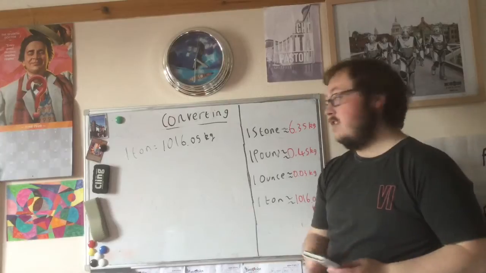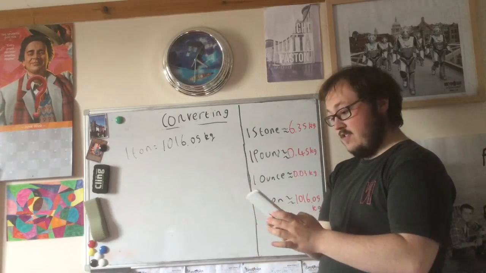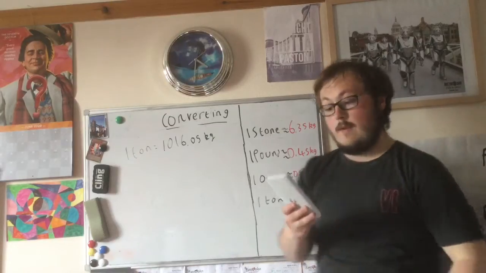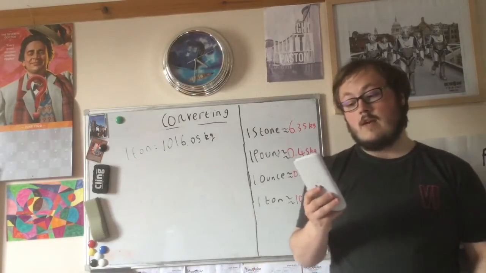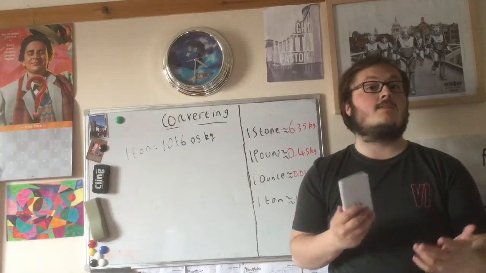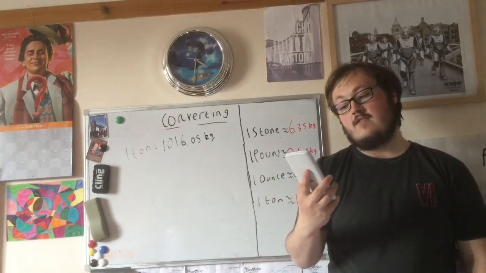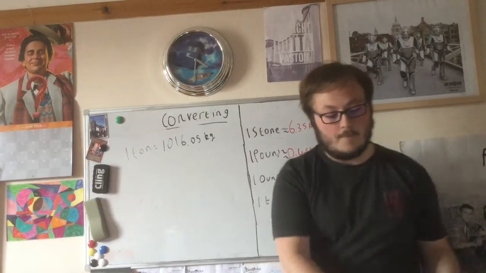So to find out how many stones, we divide 1016.05 by 6.35. Now when you do that you will get a big number, so I'm going to do it to 2 decimal places as per. You will get 160.007874.